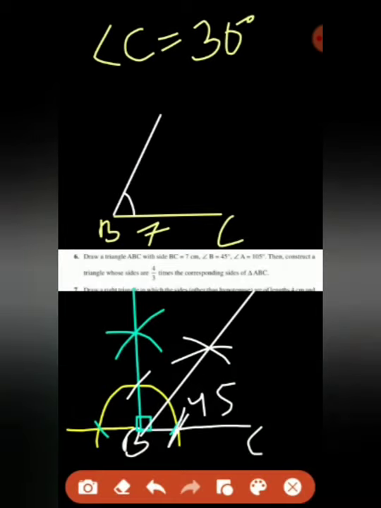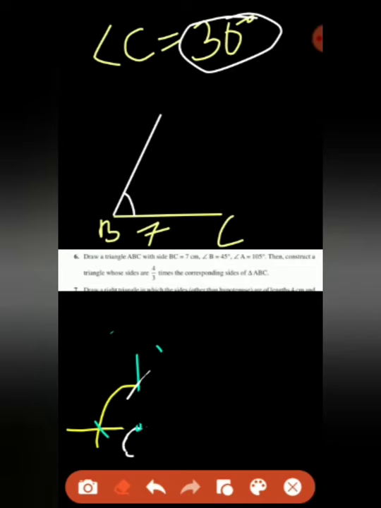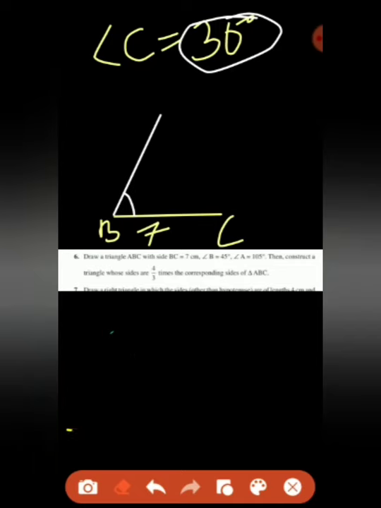Now angle C, which I have worked out before, is 30 degrees. So to make angle C 30 degrees, I'll do it again below. Okay, I'll show you. Give me a second. To show angle C, I've drawn a line, and let's say this is BC.